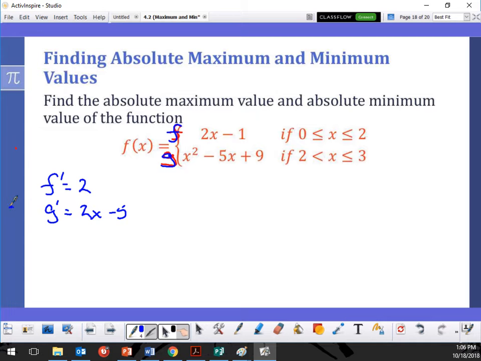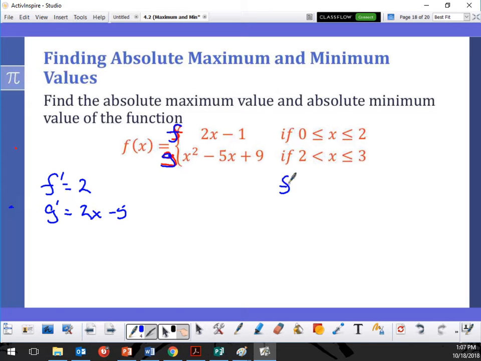Okay, so find the absolute minimum, absolute maximum of this function right here. So I have to check endpoints, don't I? Say yes. Let's start with endpoints. So endpoints, I would plug in, right? So it'd be f of 0.